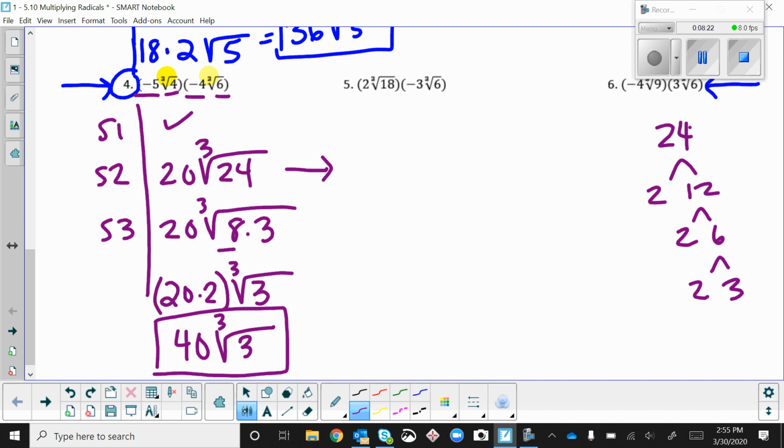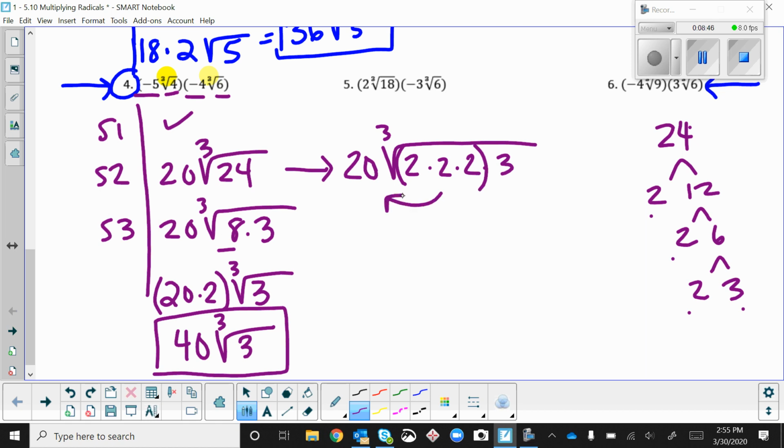So then that would give me 20 outside the radical still, and then inside I would have 2 times 2 times 2 times 3. You would look for groups of 3 to pull out of the radical because it's a cube root. That would come out as just 2. And then we'd be right where we were in the other problem.